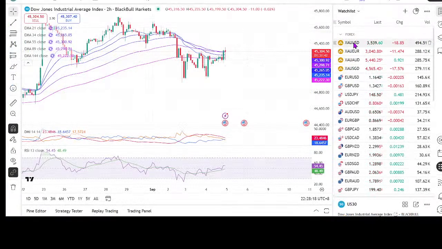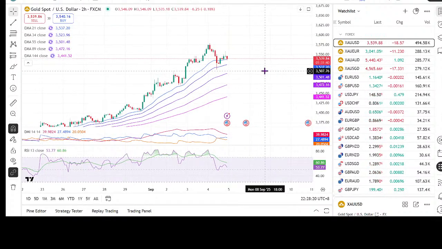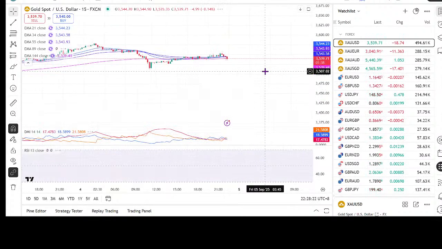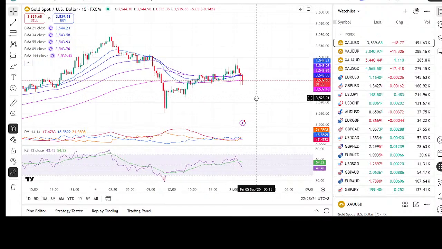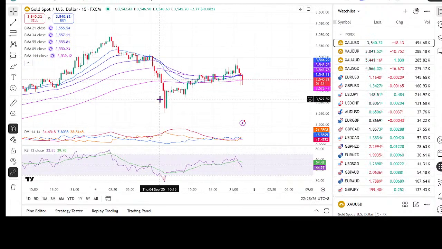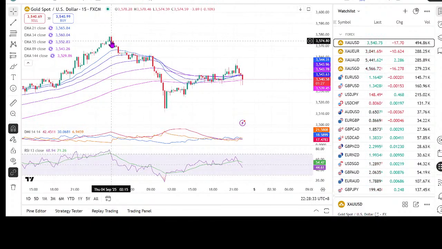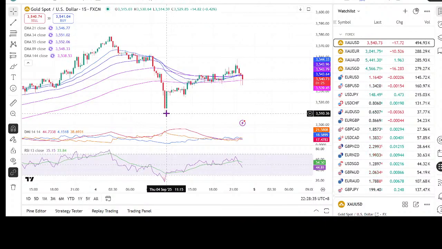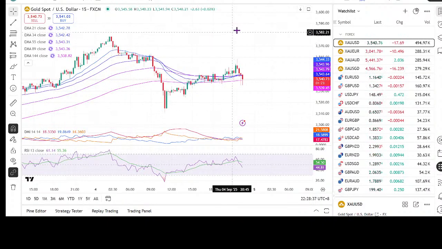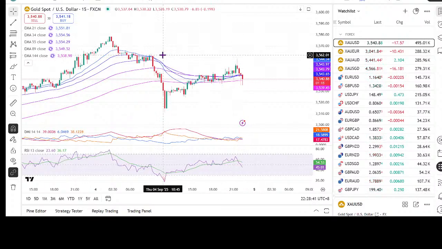If you look at gold US, what I'm betting is the market has seen the low and the high is not seen yet. That is what we are betting on.